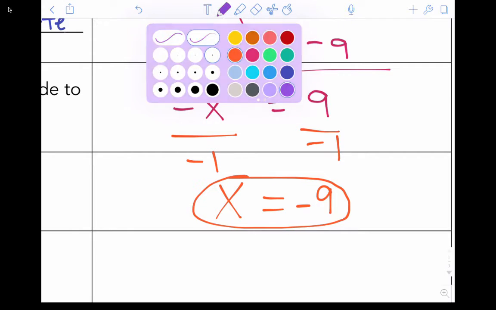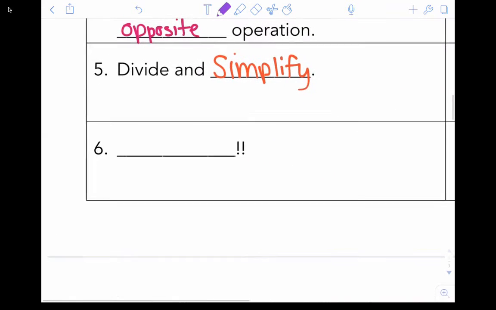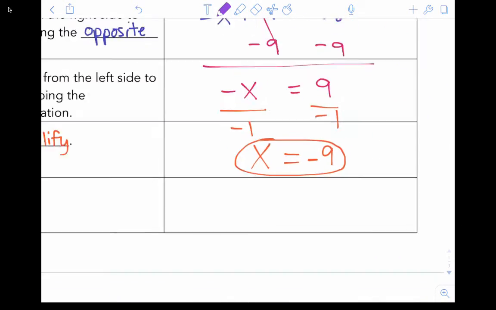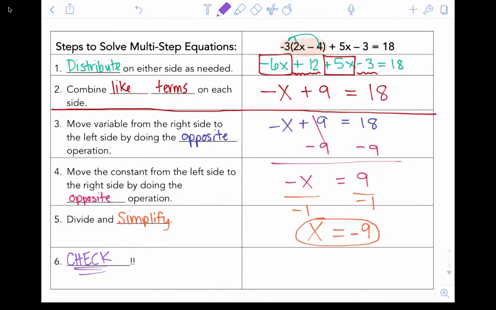And now the final step. As always, whenever we're solving equations, I need to check my answer. So I'm going to take my original equation. So I'm looking back up here at my original equation. I'm going to rewrite it, but instead of writing all of my x's, I'm going to substitute in the negative 9.